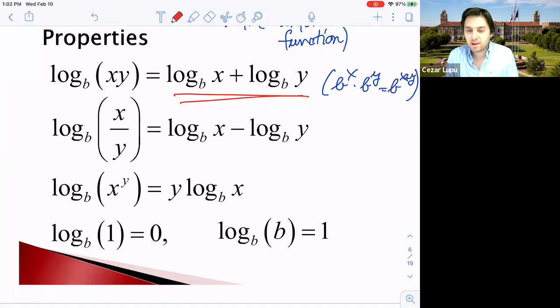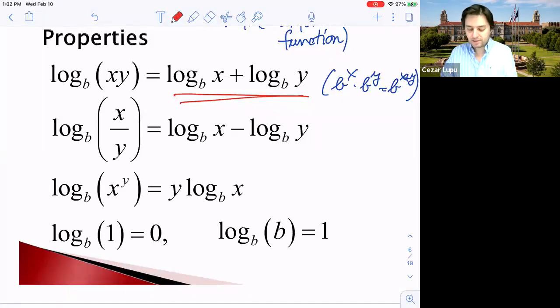So keep that in mind. That's why I'm saying that they're inverse one to another. Also think of the operation. If the exponential takes the product and puts it into a sum, think that the logarithm will be the other way. It will take the sum and put it into a product, right? So always remember them like this. Try not to remember them by heart, but also by their properties and how they behave.